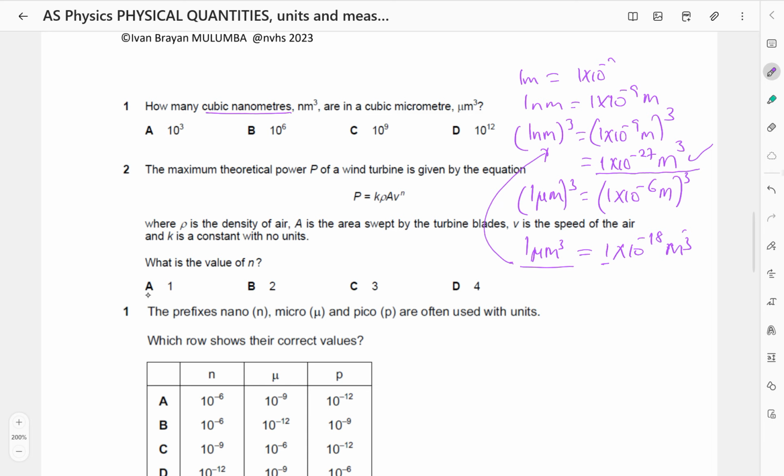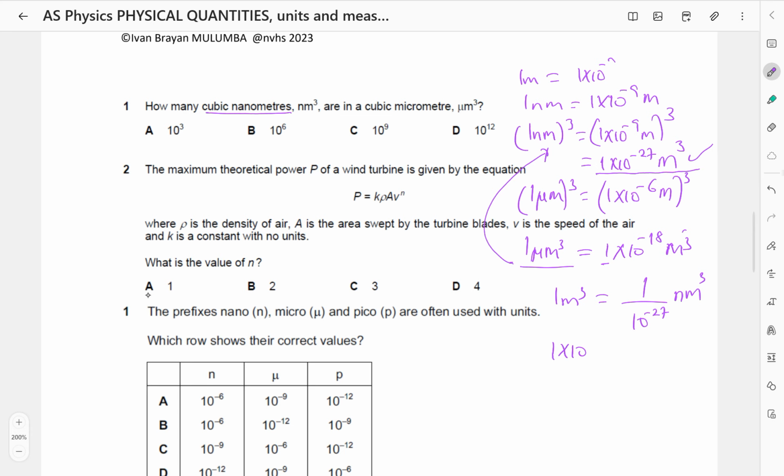So in that case, 1 meter cubed from the other one is going to be 1 over 10 power negative 27 cubic nanometers, and then 1 micrometer cubed is equal to 1 times 10 power negative 18.